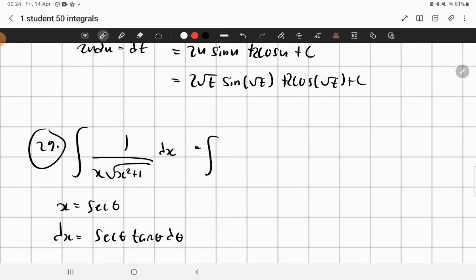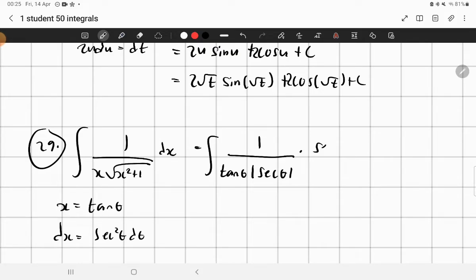So now we have 1 over secant theta. Sorry, it's tangent. So x equals tangent theta, and the square root of tangent squared theta plus 1 will be secant squared theta, which means that the square root of secant squared theta will be the absolute value of secant theta, times secant squared theta d theta.